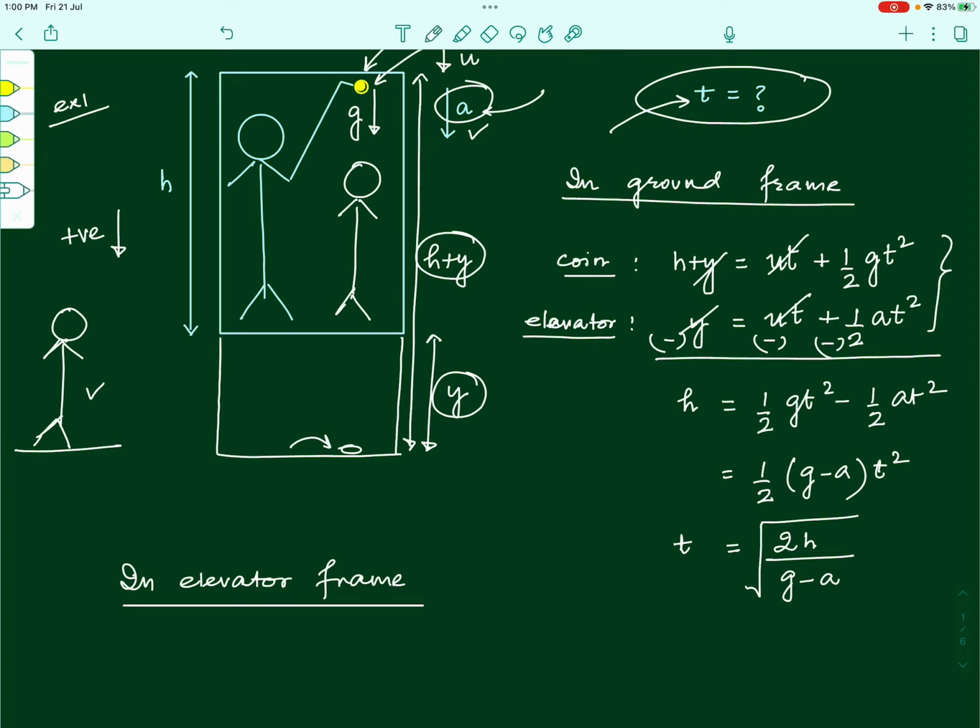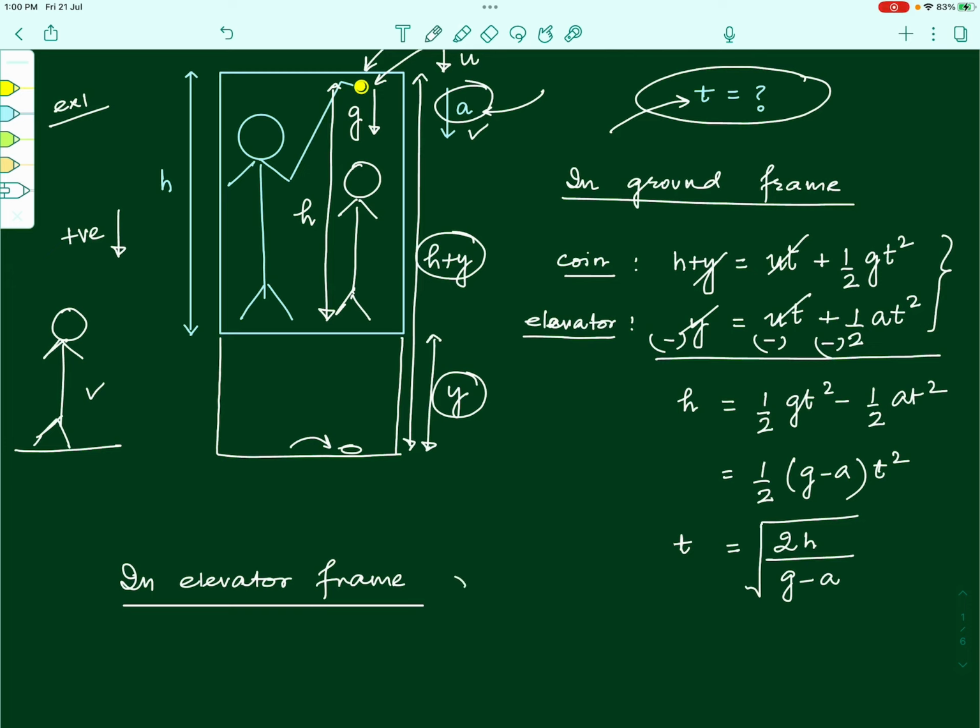For the observer, the elevator is completely at rest, and so as the coin is dropped from the top, it has to just travel a distance h in order to hit the floor of the elevator, isn't it?